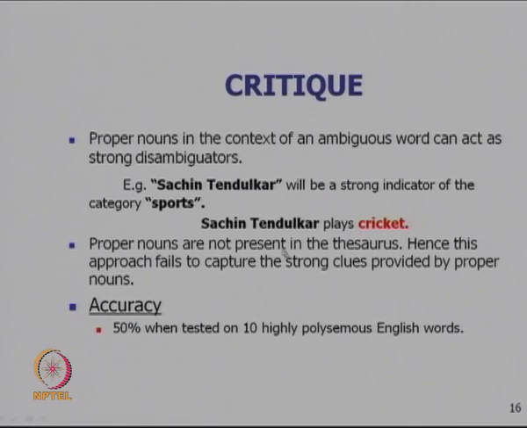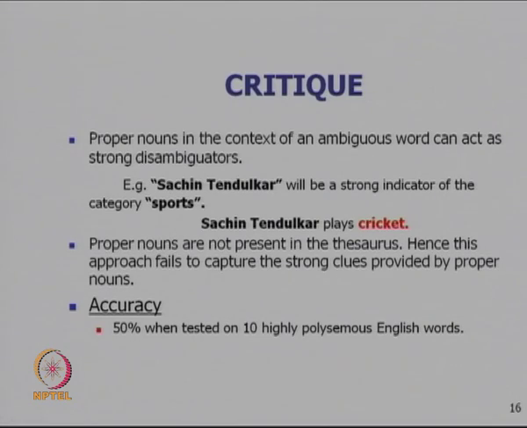Now, proper nouns are not always present in the word net, hence this approach fails to capture the strong clues provided by the proper nouns. The accuracy reported is about 50% when tested on 10 highly polysemous English words, but there are other problems with this approach. Okay, let me write it down.